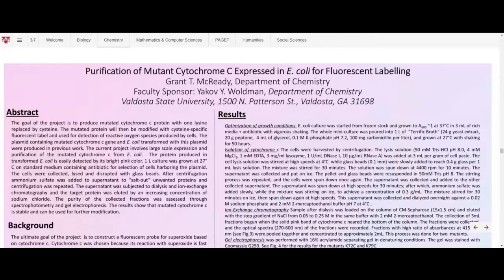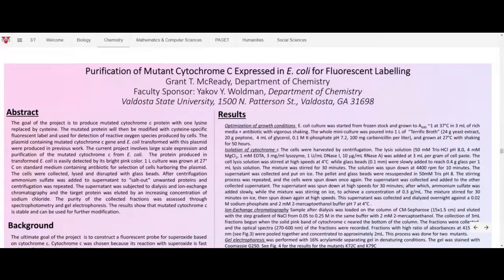And this cysteine allows us to attach a fluorescent label that, when the iron center of the cytochrome C is reduced by superoxide, will give off a fluorescent pulse.